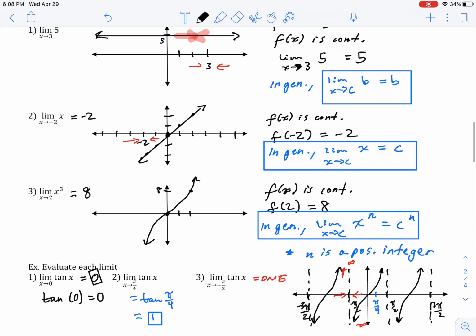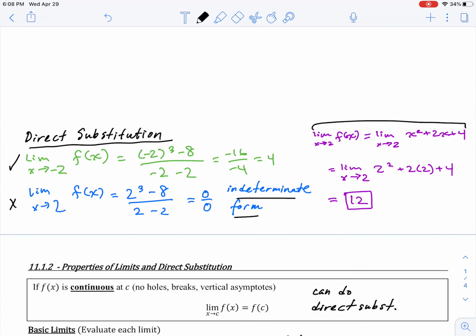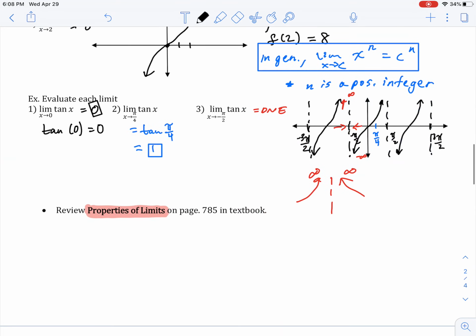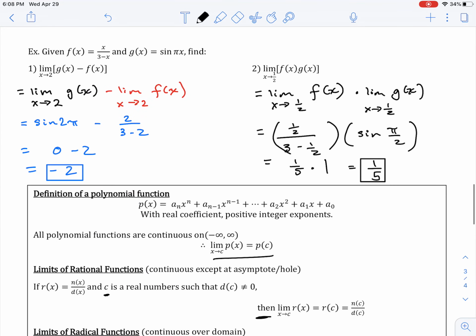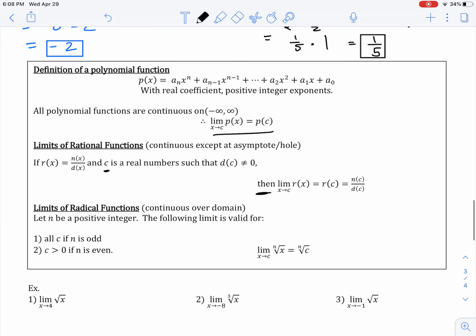Now, just like we saw above in this first example, if our c value is where there is a vertical asymptote or a hole, then you'll have to do something else to rewrite that limit expression. And again, you'll cover that much more in this course and in the next calculus course. But for now, just know that as long as your c value isn't what's causing your denominator to be equal to 0, then you can do direct substitution.